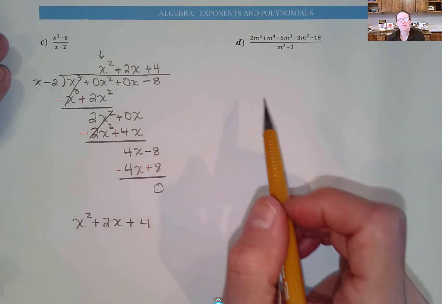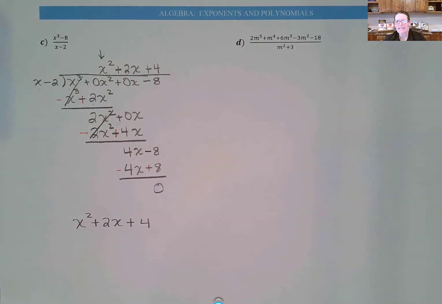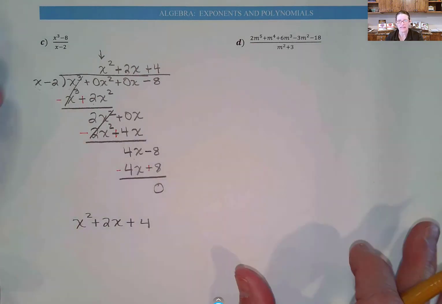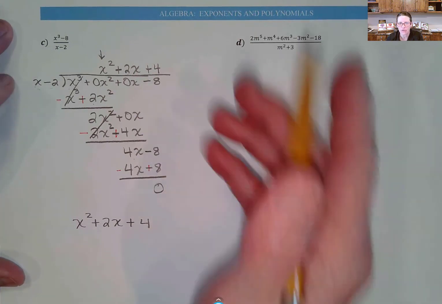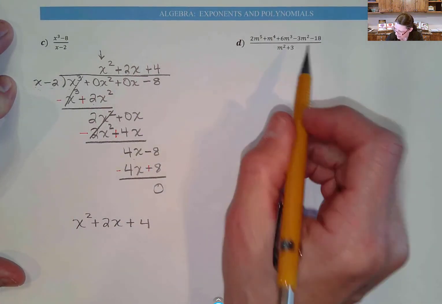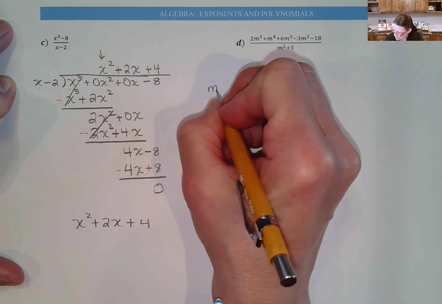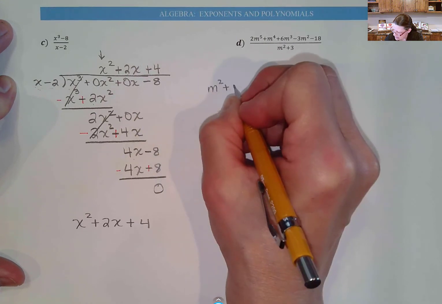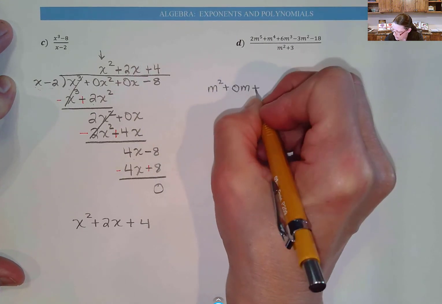And last problem, part D. We've got some missing terms here in both our numerator and denominator, so let's put our placeholders in both places. Denominator, m squared plus 0m plus 3.